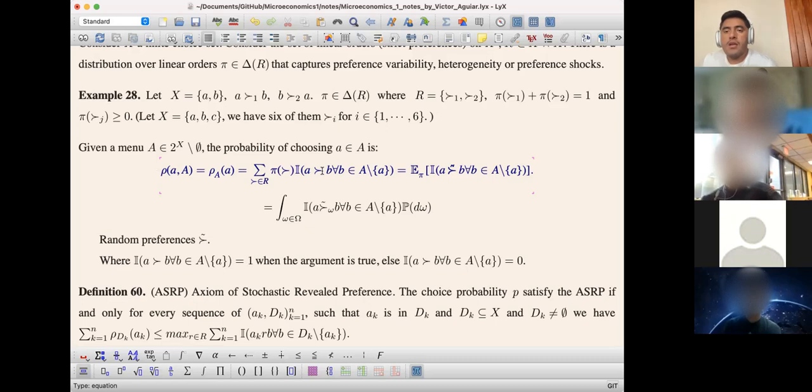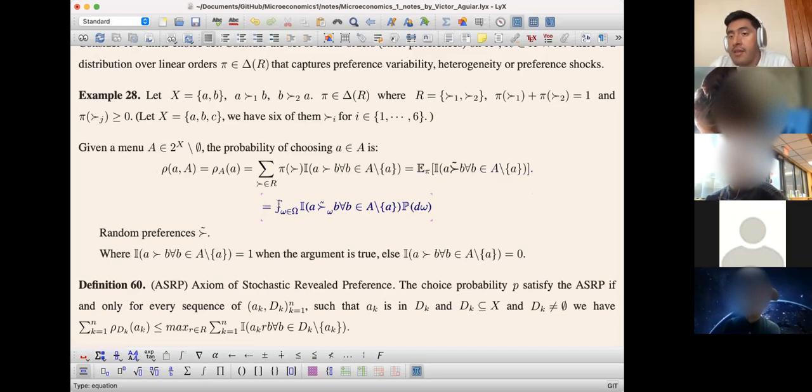Okay. So now, these 2 things are nice. And now remember that in the original formulation of random expected utility, we also have this notation using the omega, which was the underlying probability space.